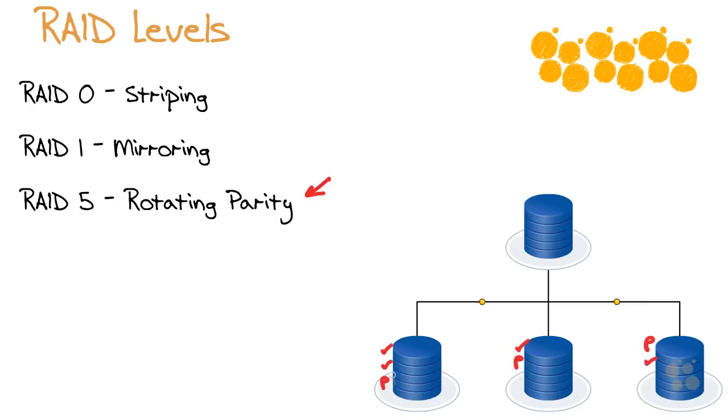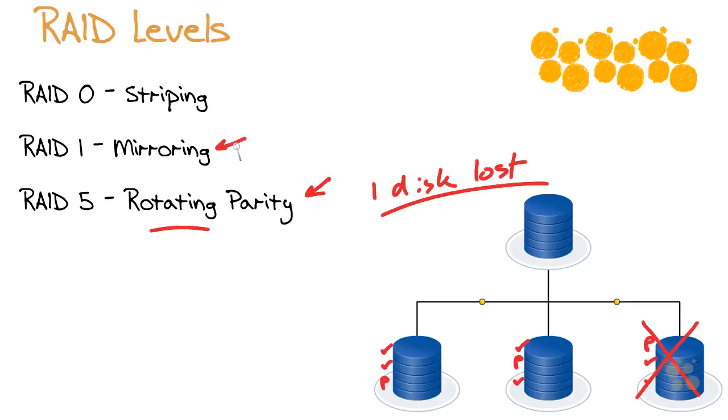Parity information might be written here, then a chunk here, then a chunk here in that particular stripe. This is called rotating parity, RAID level 5, as I said, or sometimes it's called distributed parity. RAID level 5 allows us to lose a single disk, and we can still recover that particular information. That's one disk can be lost. Now, there's the loss of some capacity here, right?